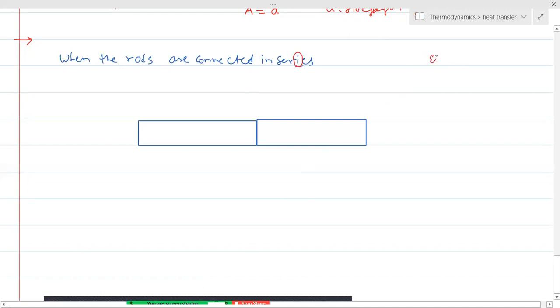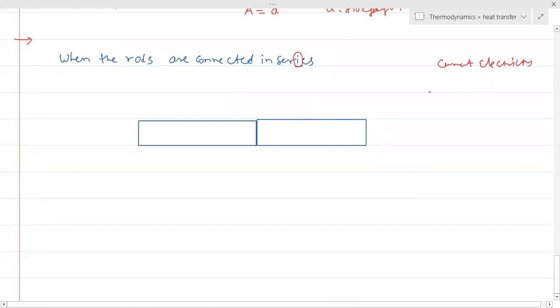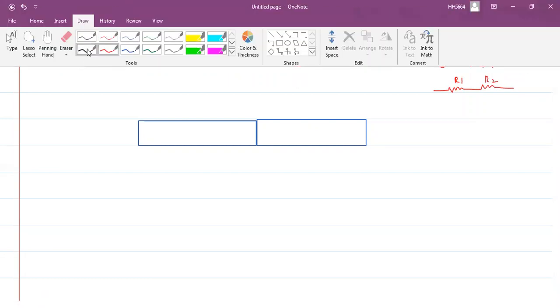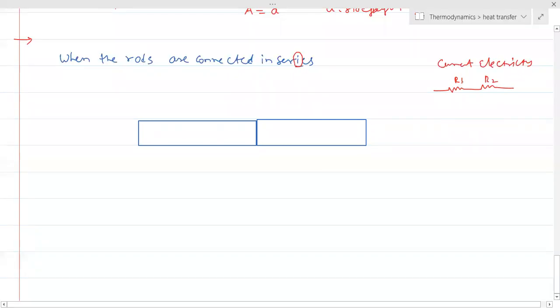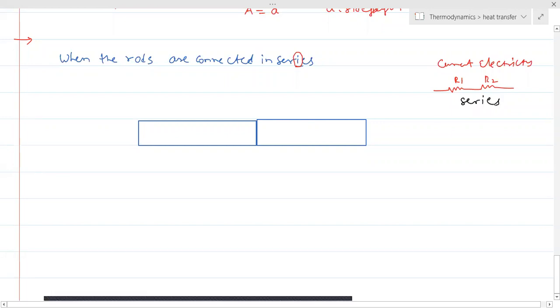So when I'm speaking about current electricity, suppose we have two resistors R1 and R2. When they are connected in series, people will often confuse whether I remains constant or V remains constant.